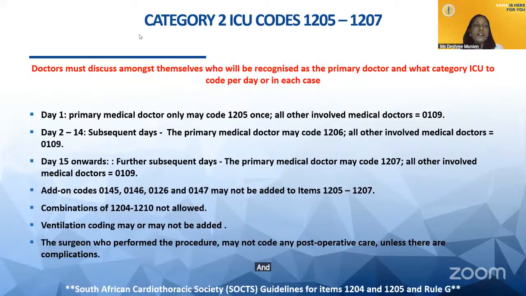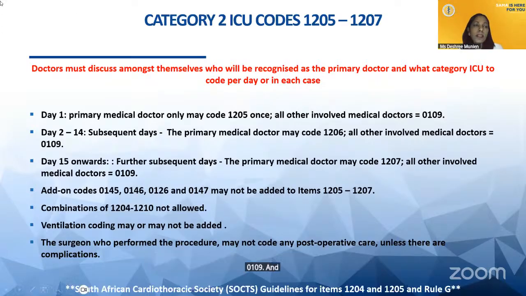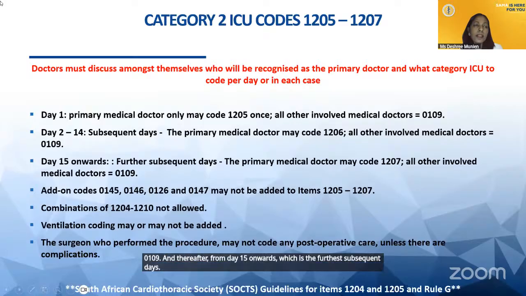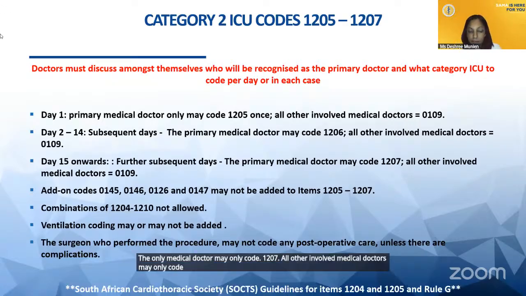And thereafter, day 2 to day 14, that is the subsequent days in category 2 ICU, the primary medical doctor may code 1206, and all other involved medical doctors may only code 0109. And thereafter, from day 15 onwards, which is the further subsequent days, the primary medical doctor may only code 1207. All other involved medical doctors may only code 0109.